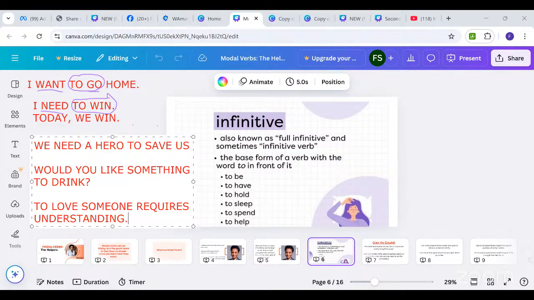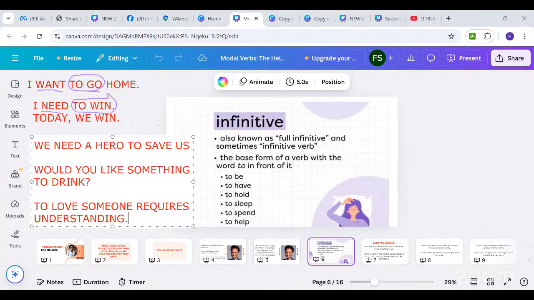To love someone requires understanding. So in this situation, it's not acting as a noun, rather it's just an infinitive. Then it is acting as a subject of the sentence. The subject of the sentence here will be to love someone. To love someone, that's a subject. Requires, that will be the main verb. Understanding. So to love someone requires understanding.